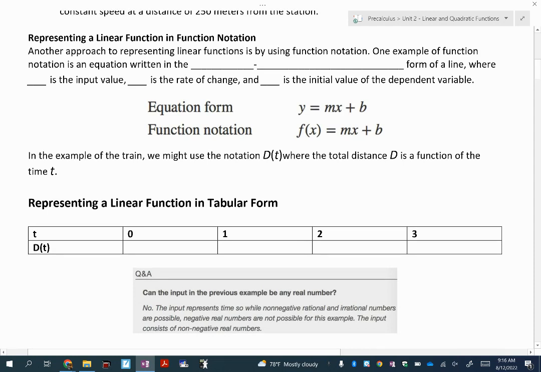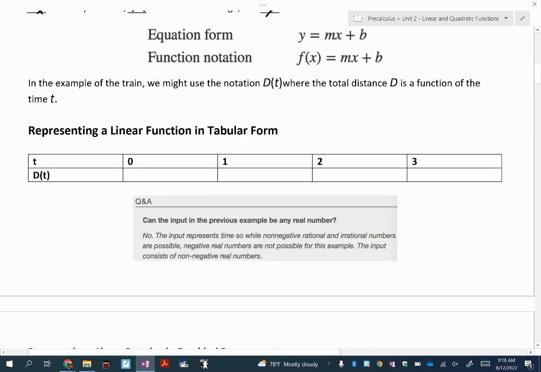One example of a notation that you've used in the past is the slope-intercept form of a line. So we'll be talking about using that form again. And I guarantee you have that memorized, where x is the input value, m is the rate of change or the slope, and y is the initial value of the dependent variable.